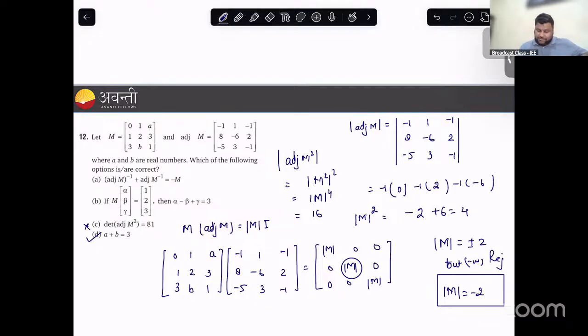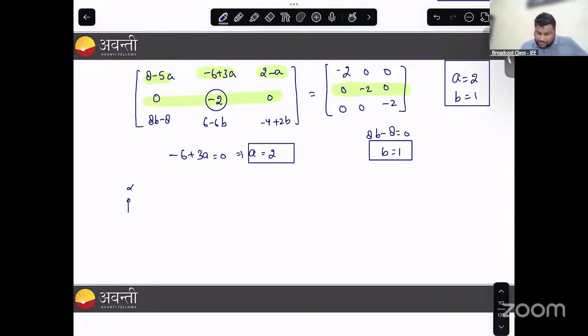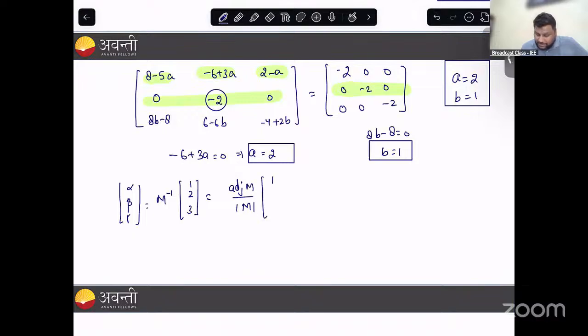Now M you have multiplied by alpha, beta, gamma is 1, 2, 3. Then that means alpha, beta, gamma is M inverse into 1, 2, 3. Yes or no? Now M inverse is what? It is adjoint M upon determinant of M multiplied by 1, 2, 3.